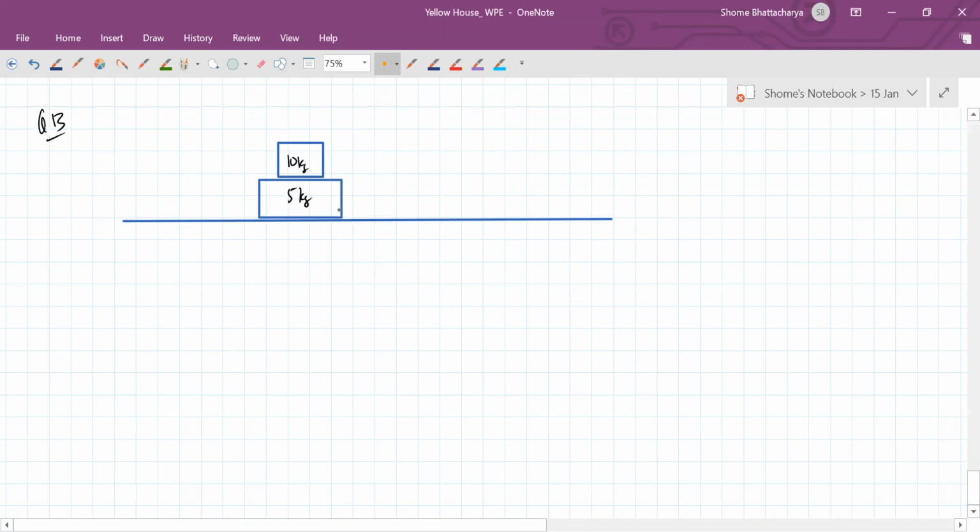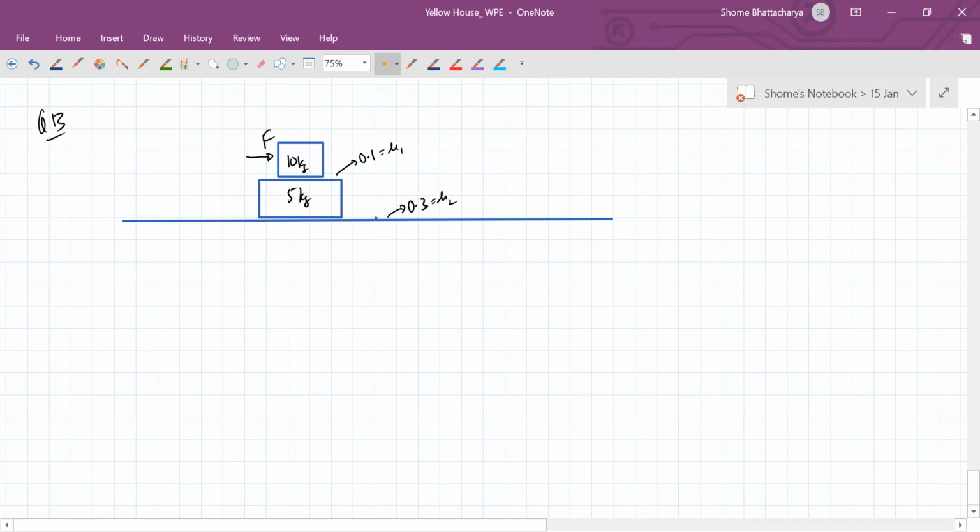This is a 5 kg block. Here the coefficient of friction is 0.3. Here the coefficient of friction is 0.1. Now we are applying force on this block like this. The force is shown on the other side, but it's the same thing.